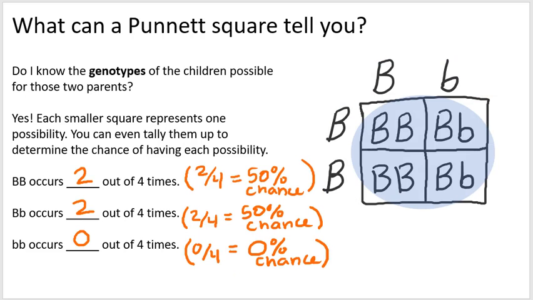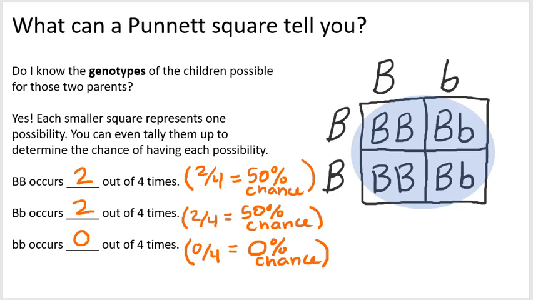A Punnett square can also tell you the genotypes of the children that are possible between those two parents. Each smaller square represents one possibility, and you can even tally them up to determine the chance of having each possibility. If we're using capital B and lowercase b, there are three theoretical possibilities.